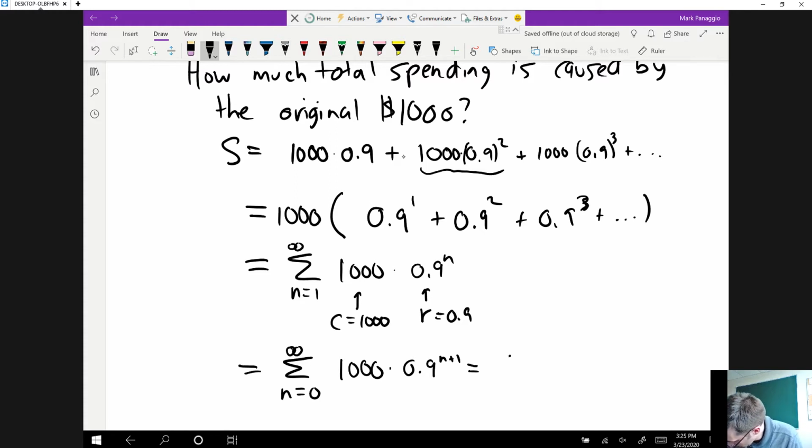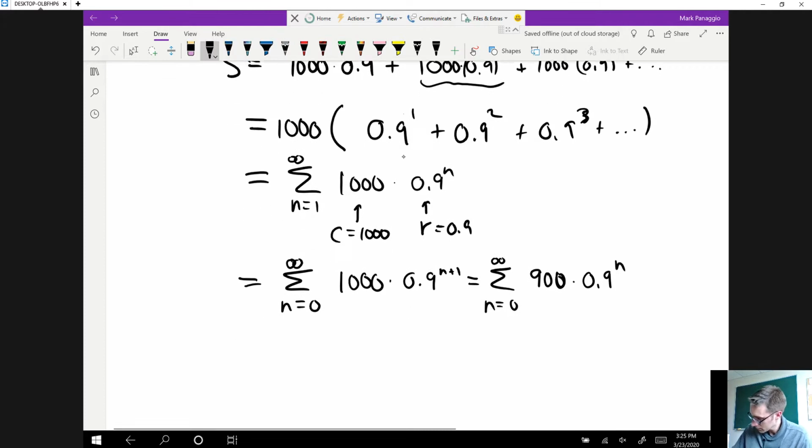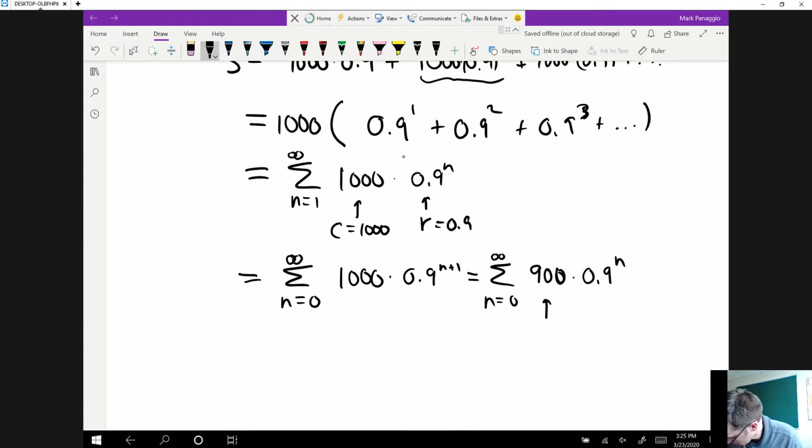And we could even simplify that further and write it as n equals 0 to infinity. I'm going to pull off one factor of 0.9, and so we'll have 900, if I merge that together with a 1,000, times 0.9 to the n. And so you'll see we could just as easily think of this as a geometric series with c equals 900 and r equals 0.9, but starting with n equals 0 and starting with n equals 1.